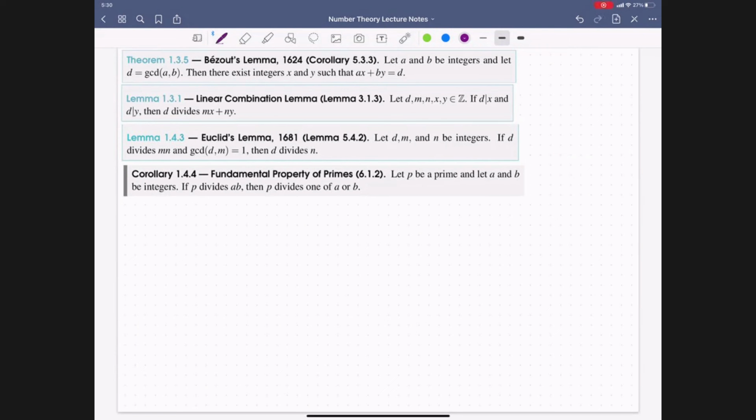Well, in Lemma 1.4.3, we can take d to be p, m to be a, and n to be b. And so we know that in this case, we have the assumption that d and m are relatively prime.